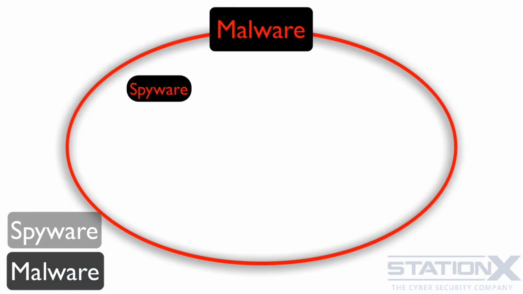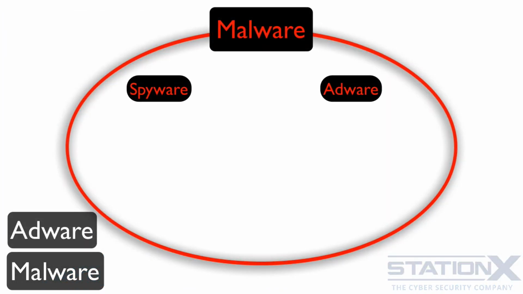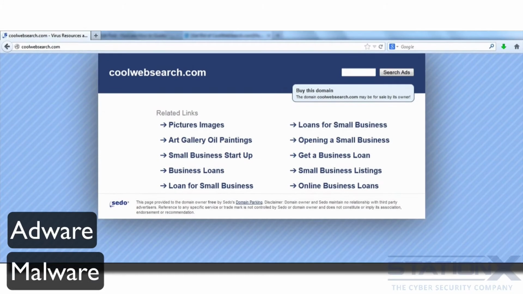Another one is adware, which some people consider to be a form of spyware, is undesirable software that forces advertisement on you. There are millions of different variants of this. One of the most annoying and destructive forms of adware is called Cool Web Search. You may even have encountered it yourself, but there's nothing cool about it at all.